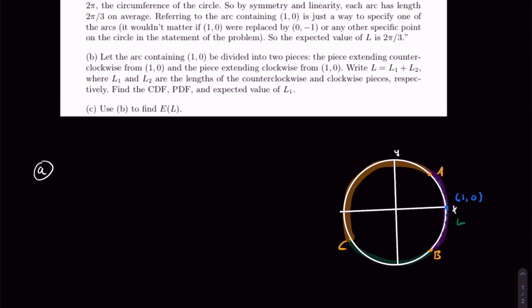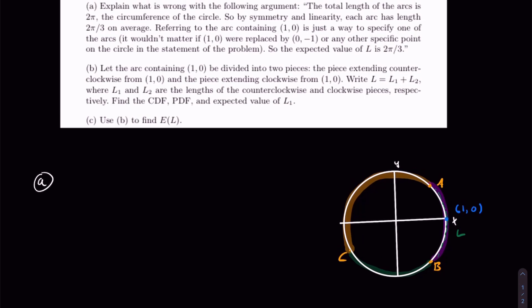In this specific case, L is this arc from A to B. But the expected value of L is not 2 pi divided by 3. Why is that? One way to see this is that it's more likely that this point will end up in a longer arc overall.